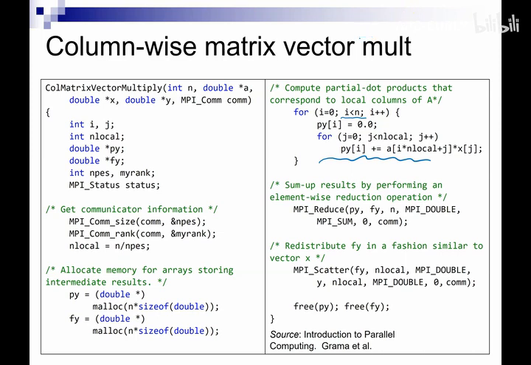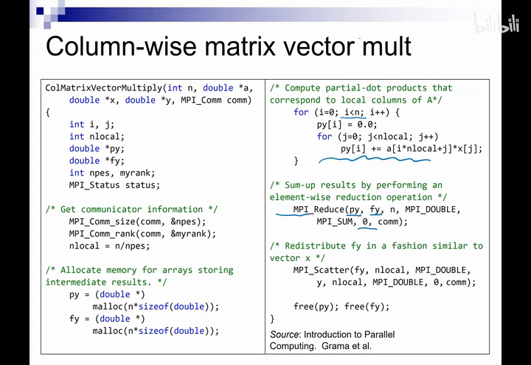The next thing is that we have to take all of these partial dot products and add them together, right? We said that was the reduce operation. And we're going to reduce all of these values onto, let's say, process 0. We can pick any process, so let's pick process 0. The values that we reduce are these partial y's, and we are going to collect all of these values onto process 0, and it's going to store them in fy.